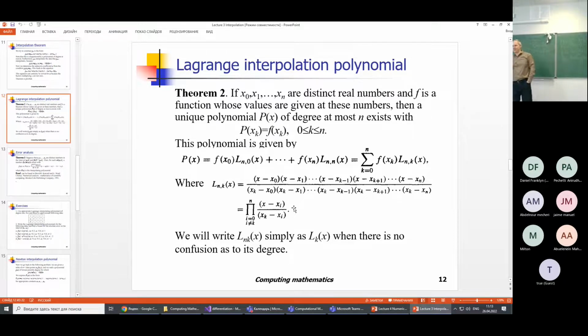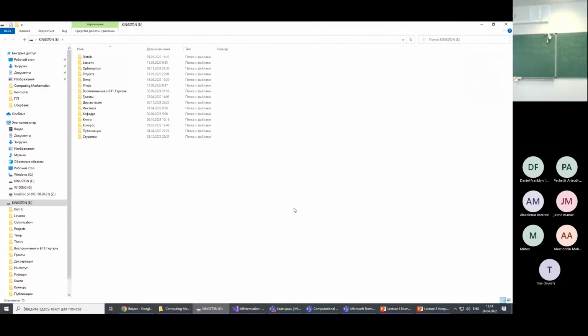No. x0 minus x2, it's not h. What is the distance between x0 and x2? 2h, right? No, minus 2h.